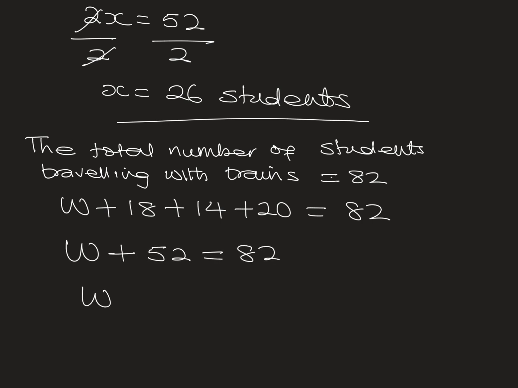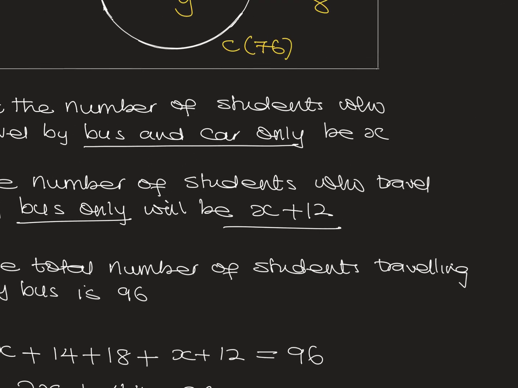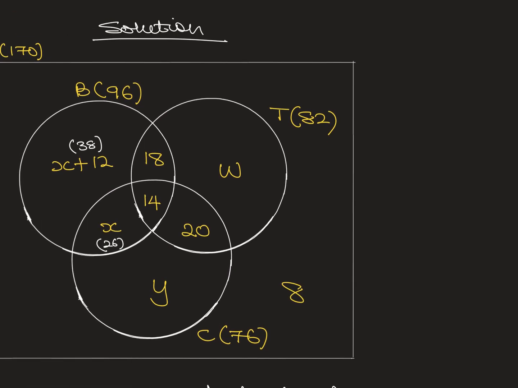So to find W, that will be 82 minus 52. W is equal to 30 students. Meaning that 30 students were traveling with train only. Okay, so W is 30.